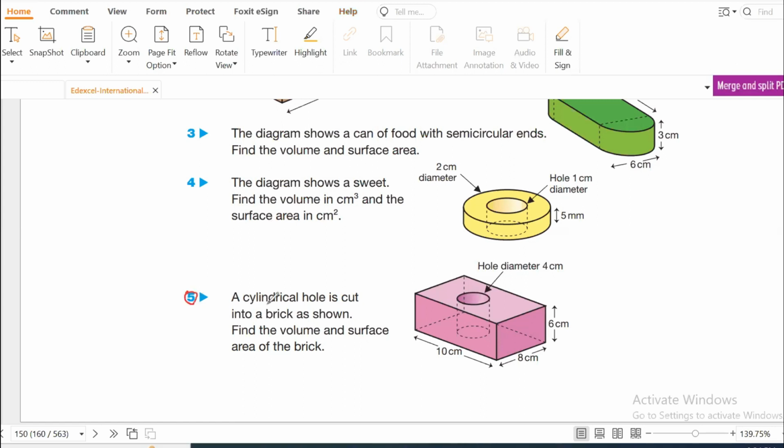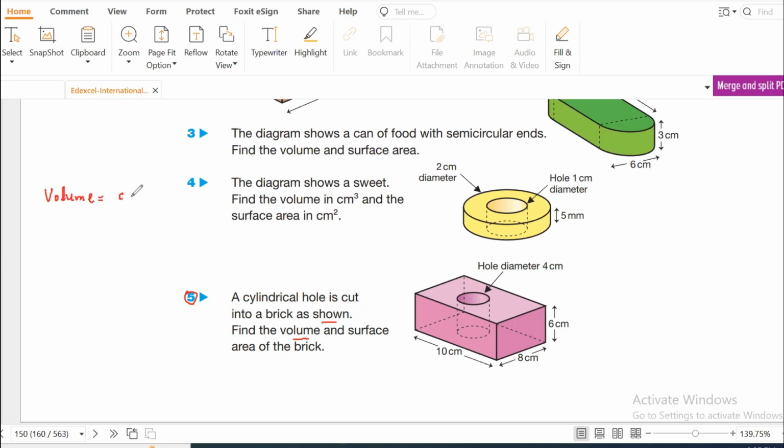Now we will discuss question number 5. As you can see in the shape, a cylindrical hole in the middle is cut into a brick as shown. Find the volume. So first we will work on volume. There are two ways. If you consider this as a prism, with the front part as the cross-section, both ways will give you the same volume. I'm solving both ways.